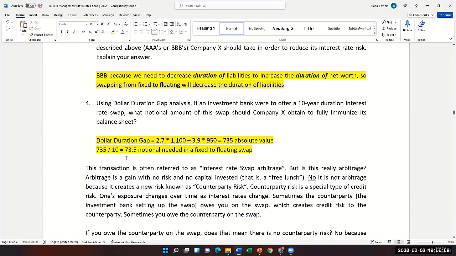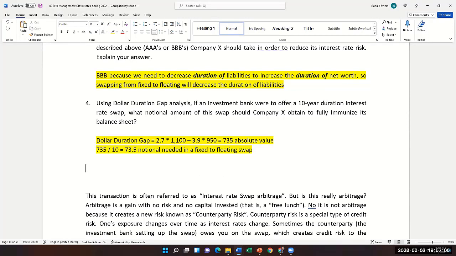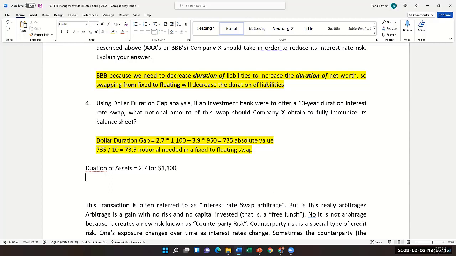Now, does it work? So let's try it. It's a little tricky to get this to work. So our duration of assets is 2.7 or 1100.